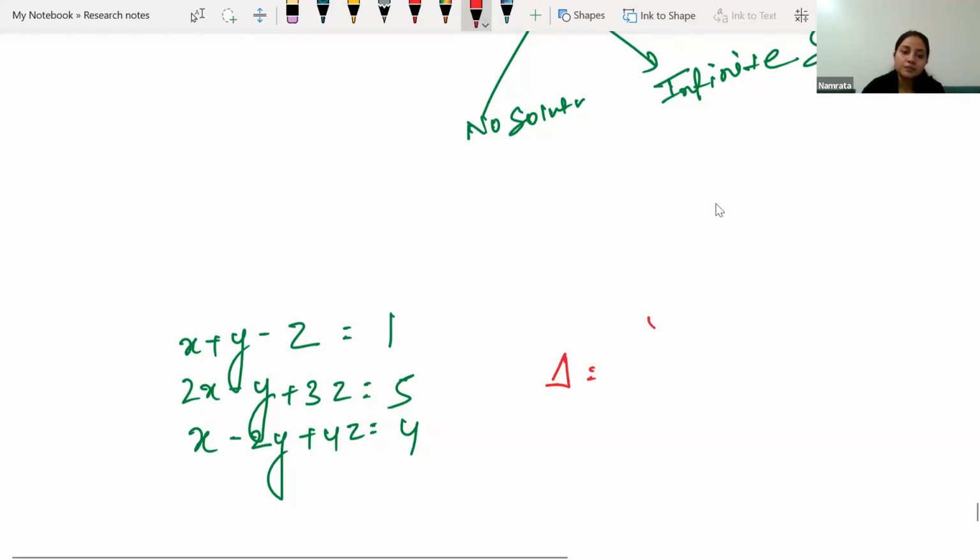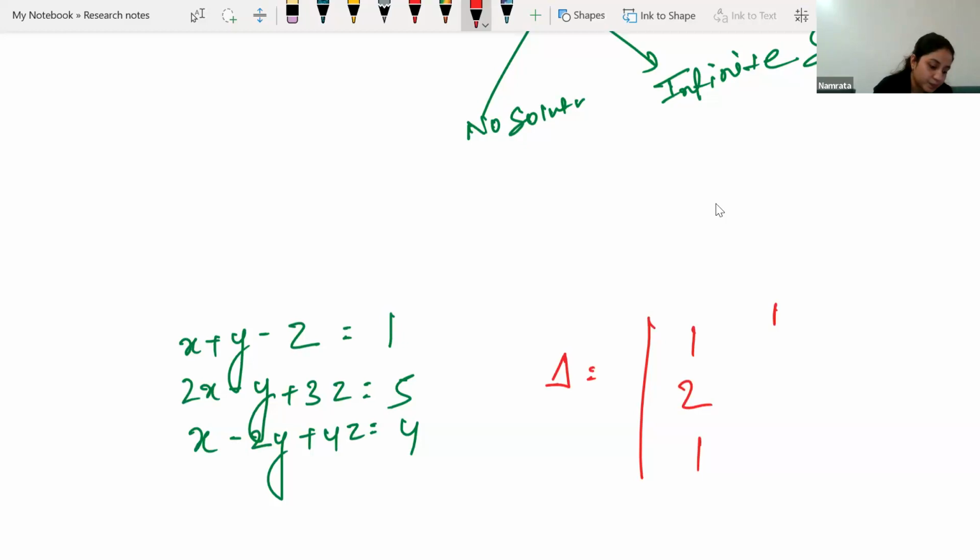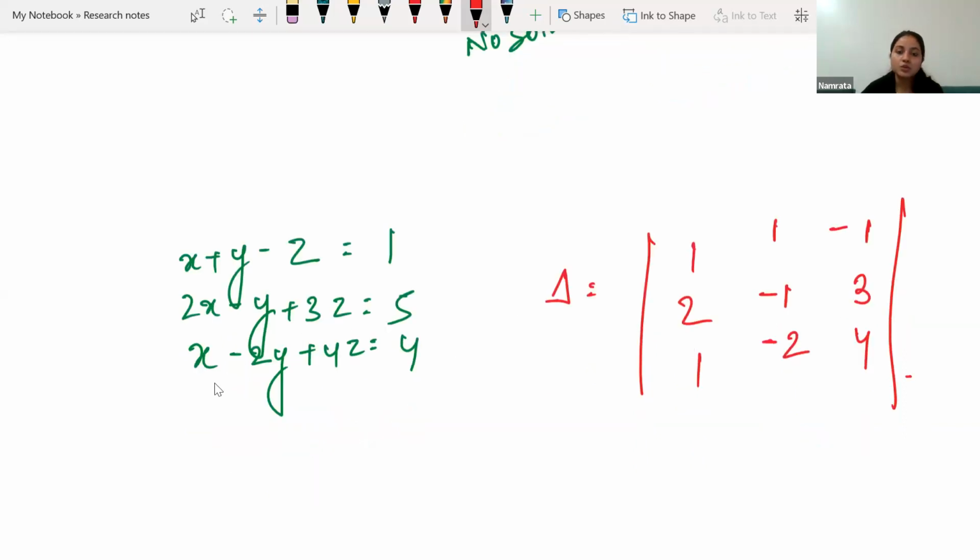So delta will be 1, 2, 1, 1. This is negative. Let me check. Yeah. Minus 1, minus 2, minus 1, plus 3, plus 4. Yeah. This is what we are having. Let's calculate it. When we are writing the delta, we are just writing the coefficients of x, y, z. Let's do the calculation quickly.